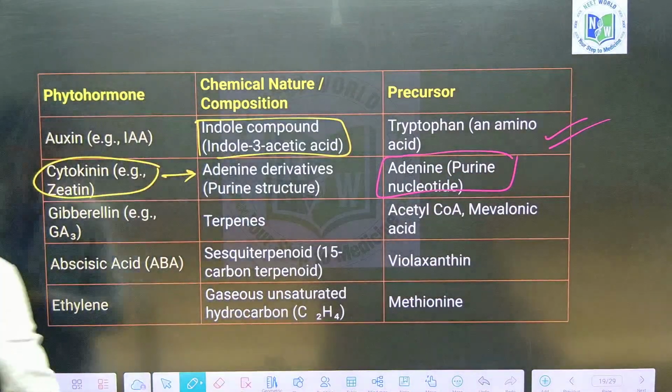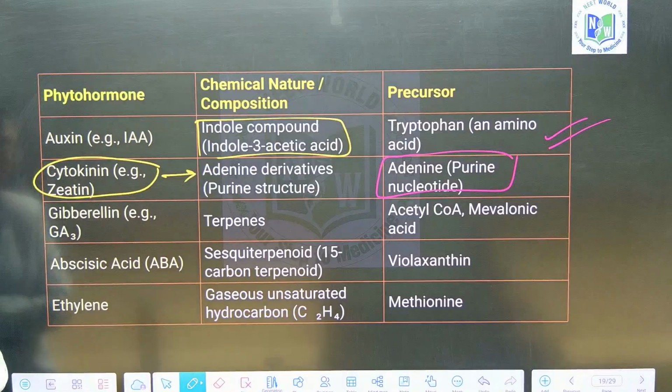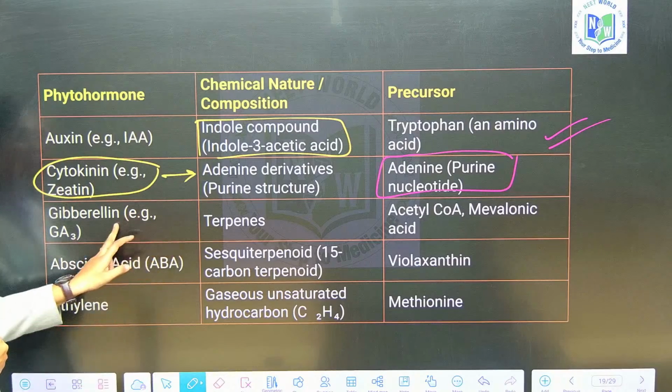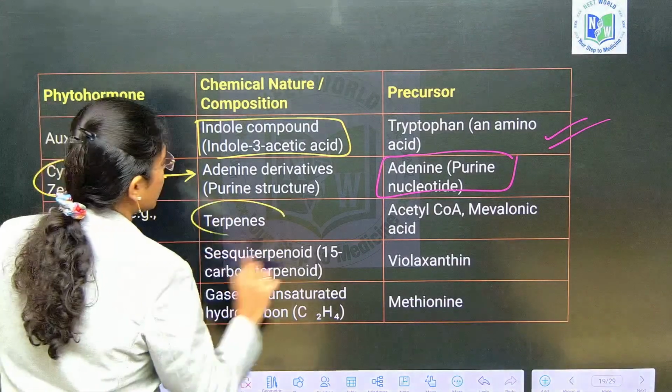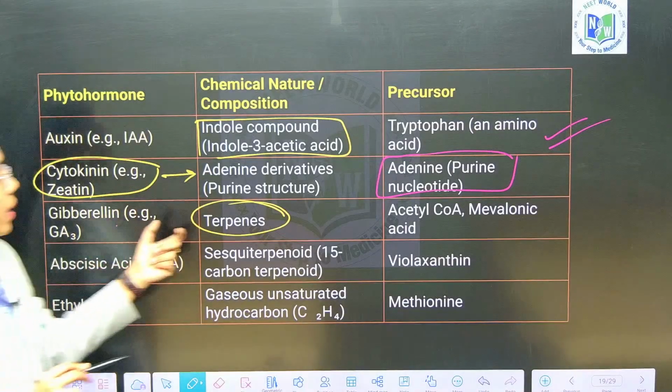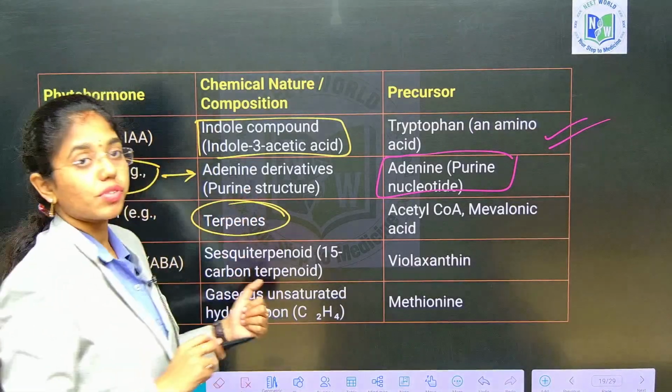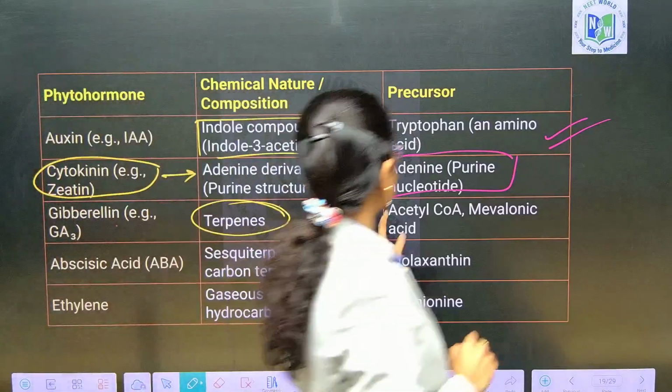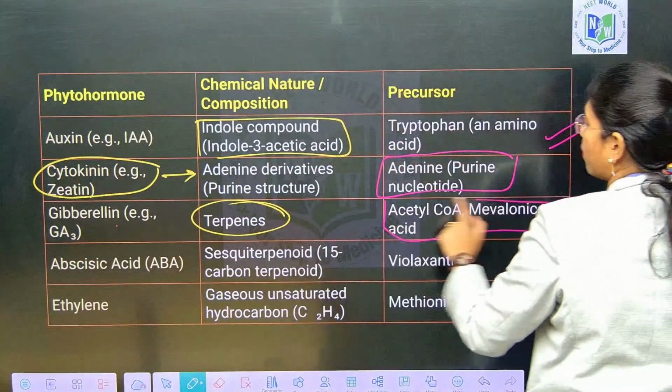And then gibberellins, GA3, the chemical name over here is terpenes. Gibberellins are the derivatives of terpenoids, or terpene derivatives. And here if you see the precursor, it is acetyl CoA and mevalonic acid.